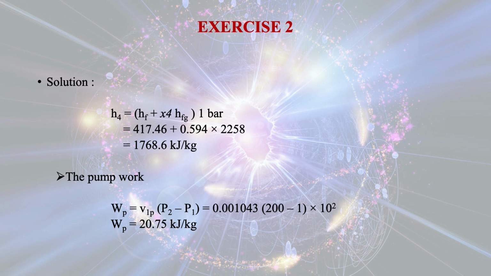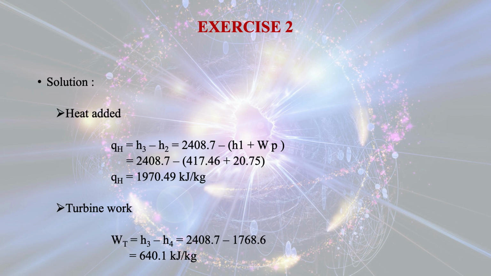20.75 kilojoule per kg. But you have to be very careful while putting the values and the conversions of joule to kilojoule. If you want to convert joule to kilojoule, you know very well that you have to divide by 1000. Now we have to calculate heat added.